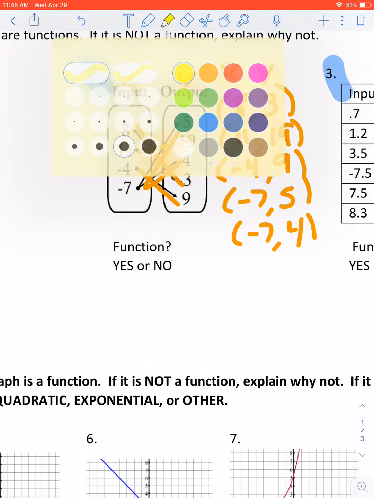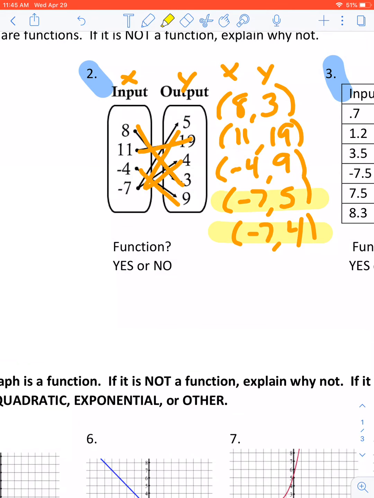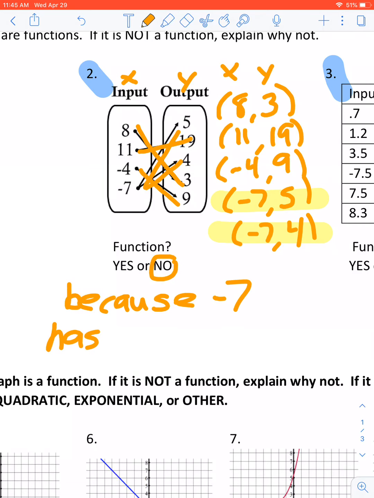The answer here would be no, because negative 7 has two y values. So is this a function? No. Why? Because every input has more than one output, or because negative 7 has two y values. Okay? Again, in order to be a function, every x value has only one y value.